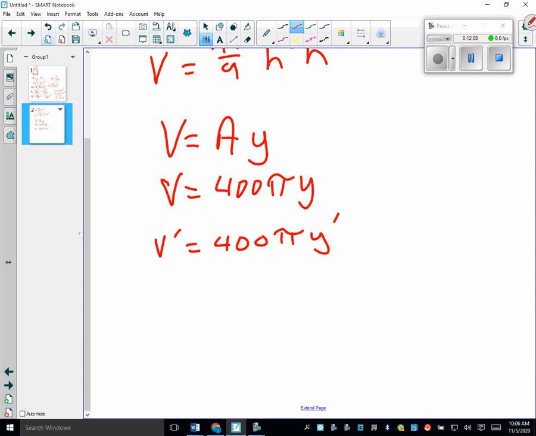What are we finding? Y prime. And I know on B I found V prime because the volume is coming out of one going into the other. So if it's coming out of one negative, isn't it going into the other positive? Yes. So you know V prime, and you can find Y prime? Yep. Good.